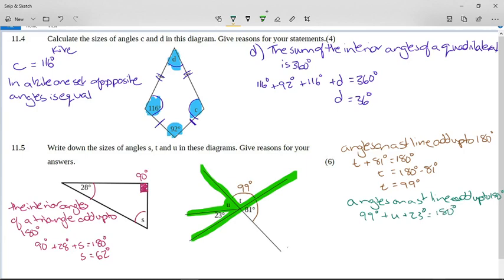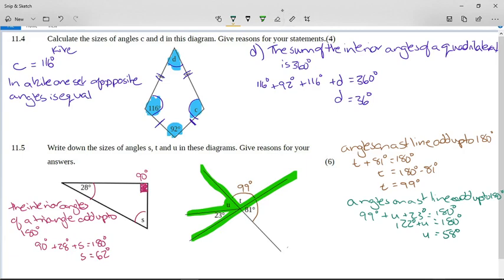So what's 99 plus 23? 122 degrees plus U equals 180 degrees. Okay, so 180 minus 122, 58 degrees. U equals 58 degrees.